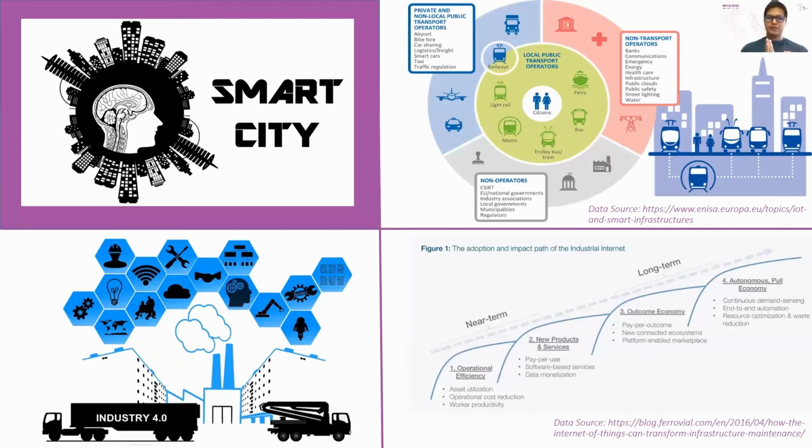And if you're looking at figure 1, the bottom right corner shows you the near-term as well as the long-term achievables. So you would first start off with operational efficiency. See how this works. Is it efficient? How complex is it? Will it get the job done?